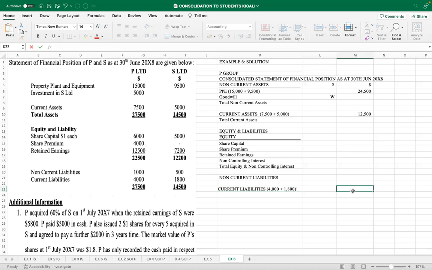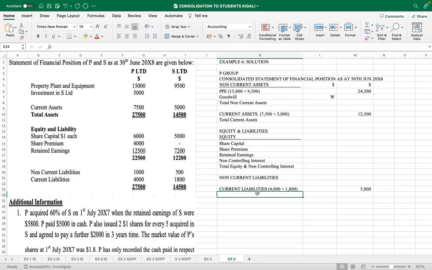So in that, unless there is a new liability, let's just finish with it. Plus 1,800, so it gives you 5,800. And this will give you total equity and liabilities. Now, if everything is right, we expect it to balance.